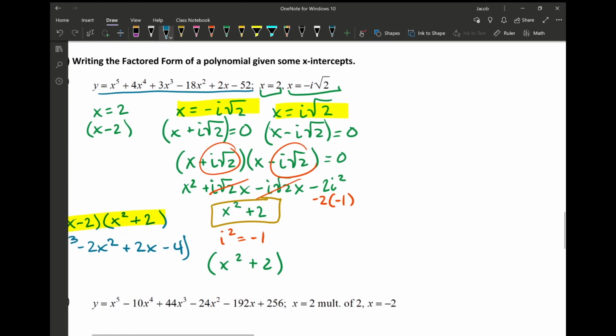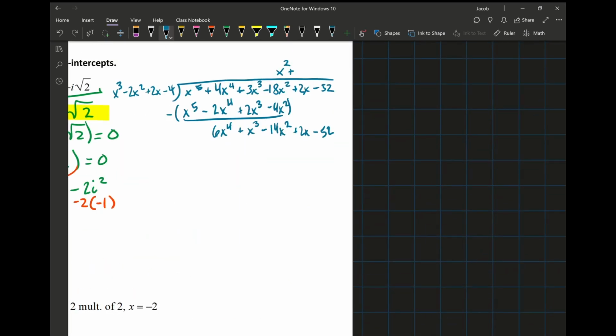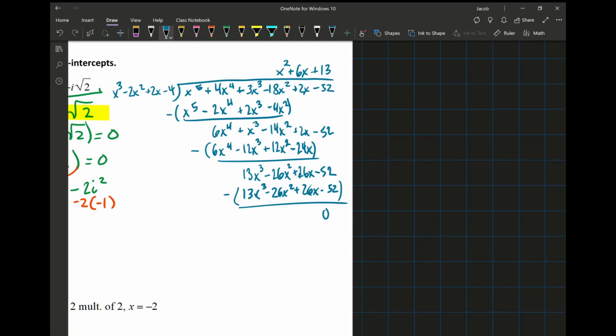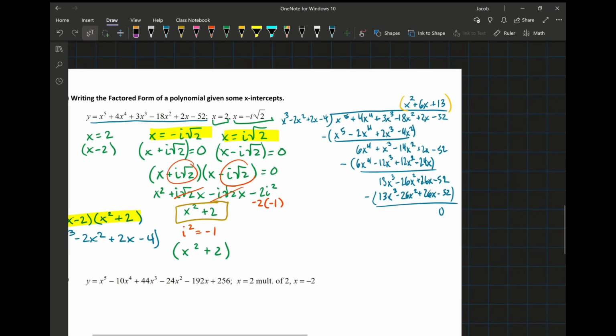So I'm going to do long division, and you'll probably see me on the other side of some quick math. This has returned a remainder of 0, which is fantastic. That means I divided correctly. I don't need to go back and check any work. I've found a quadratic, and I could find the zeros from this quadratic if I really needed to, but that's not what we were asked. We were asked to just find the factored form.